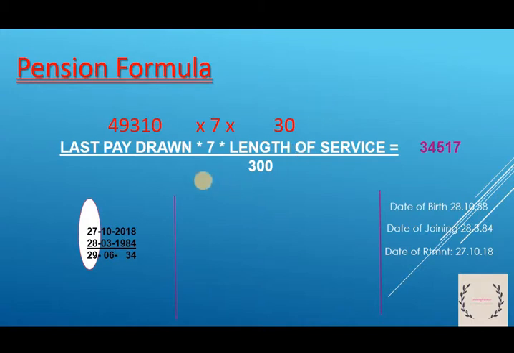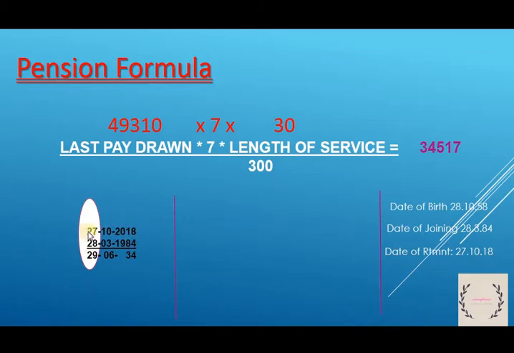So let's first of all calculate the total length of service to know how it is calculated. Maybe somebody doesn't know how it is calculated exactly. For this we have 2 things: the date of joining and the date of retiring. The date of joining of this individual is 28 March 1984, and the date of retiring is 27 October 2018. What we are going to do is to subtract the date of joining from the date of retirement.